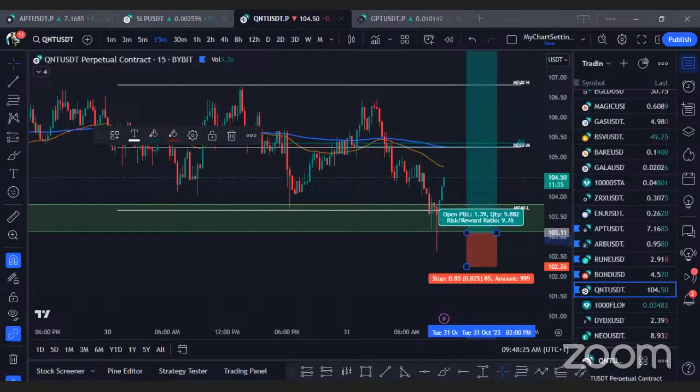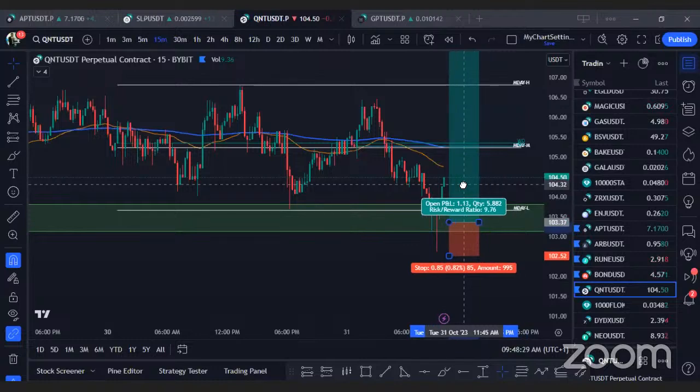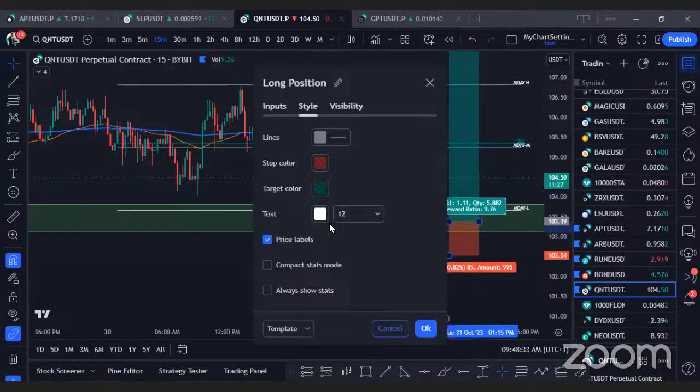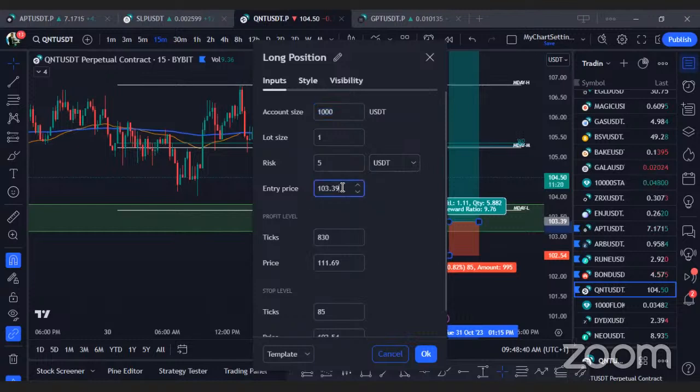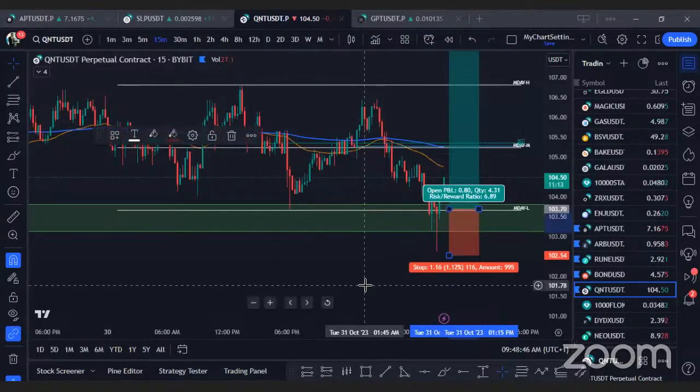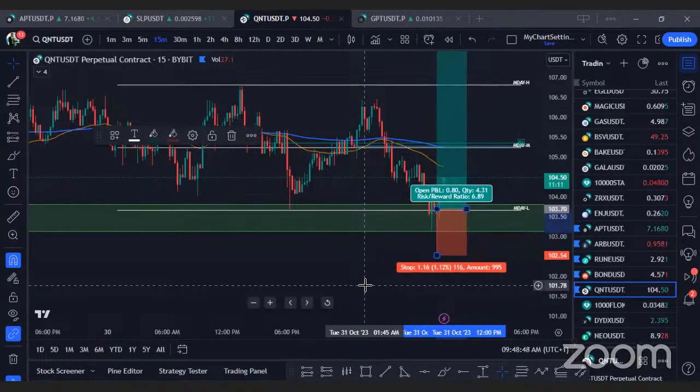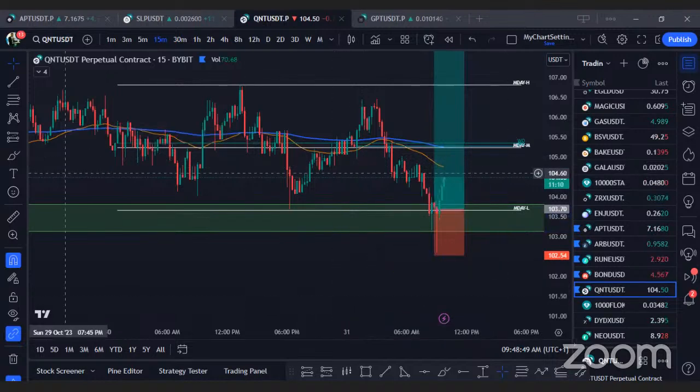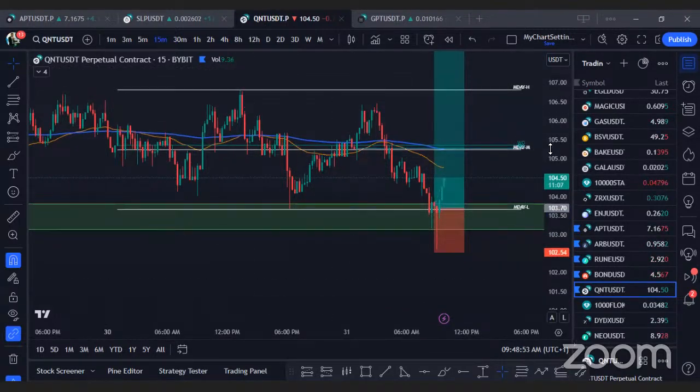Yeah, 103.7. So let me adjust that. That was my entry for this trade. So let's see how far this can go.